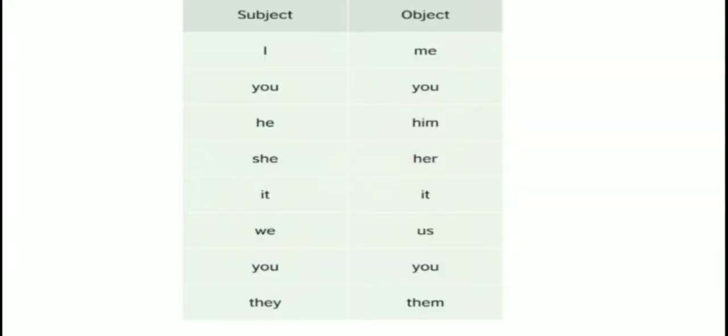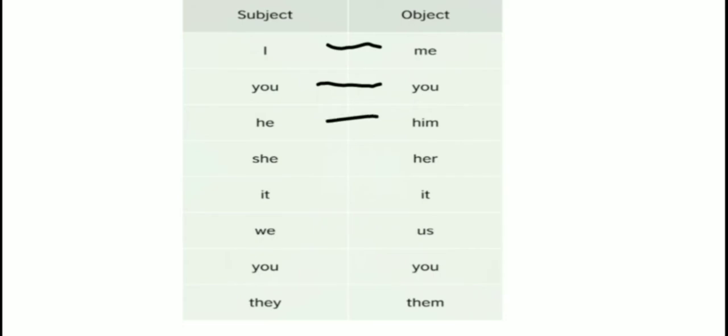So now we have the comparative table between the two functions of the personal pronouns, first as a subject and then as an object. First we have I for subject and me for object. You for subject and also you for object. He for subject and him for object.